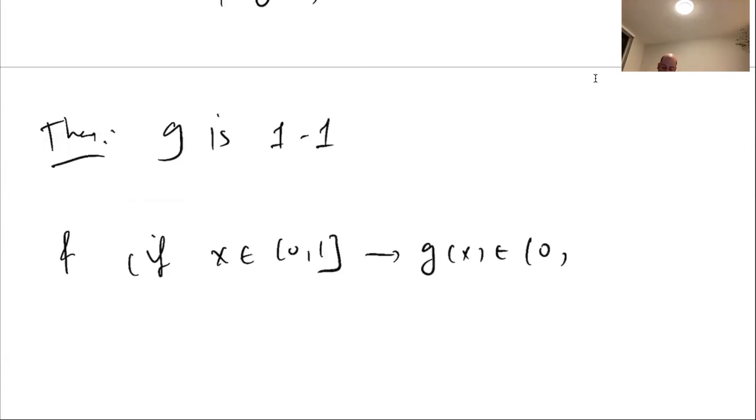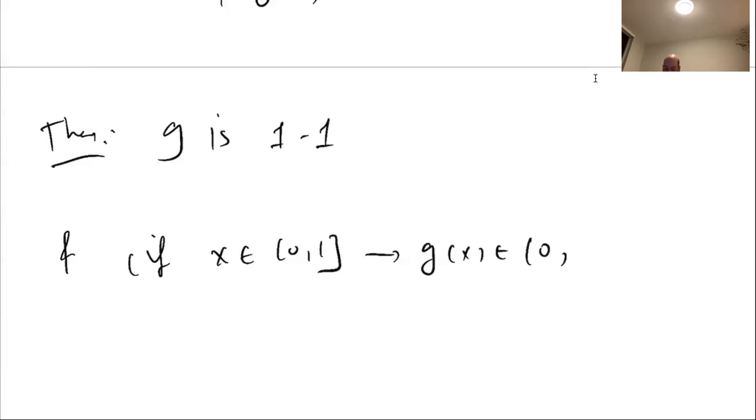Even half open, half closed at 0 to 1/2 is still a subset of open 0 to 1, which is exactly what I needed, right? I needed my range to be a subset of open 0 to 1. So then G is 1 to 1.